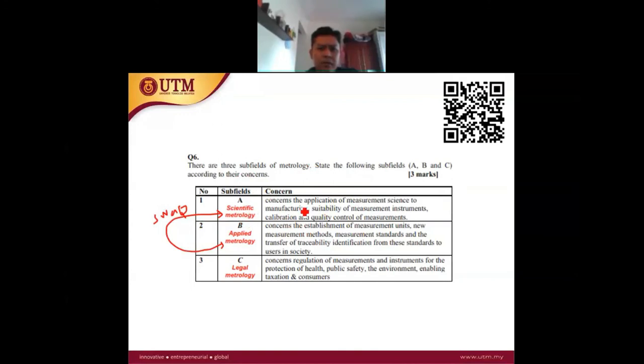Applied metrology concerns the application of measurement to manufacturing, suitability of measurement, and instrument calibration. I think this is stated in your slide. You can study and you can ask me what you don't understand about the concern of each subfield. Basically, you have to know the concern of each subfield.